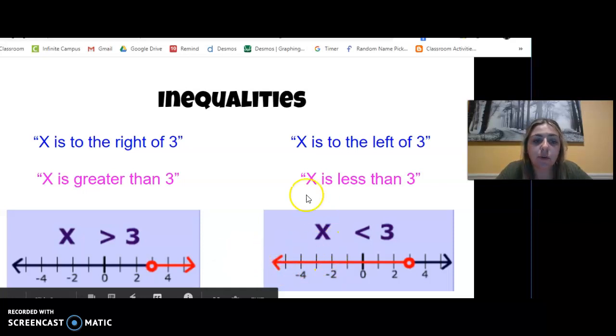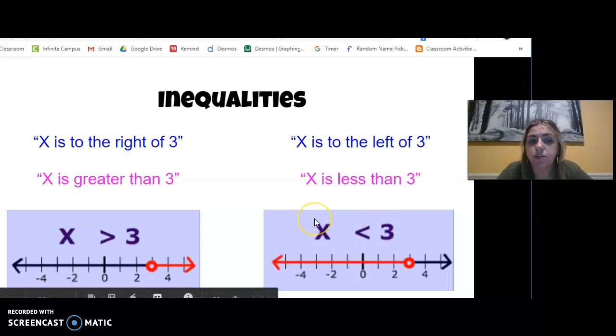Okay, and we want to remember when we're dealing with inequalities that the shaded part of the number line represents all the possible values of X. So I can take any number on this line where it's shaded. So I could take -2, for instance. I could substitute it in for X, and then this would say -2 is less than 3.